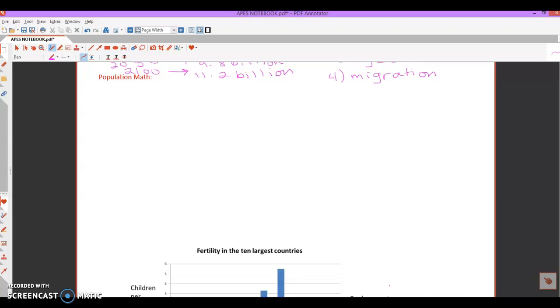Now, thankfully, most of these formulas are very easy to remember, and the math is very easy. So we're going to work out some example problems. But the first thing I want to do is to show you what these equations are and what they calculate. All right. So the first one we're going to look at is for what we call the crude birth rate.